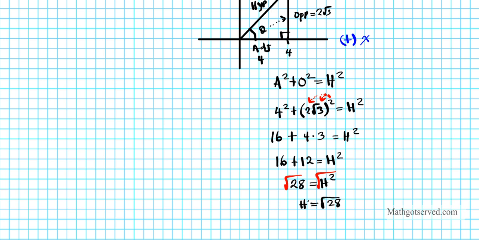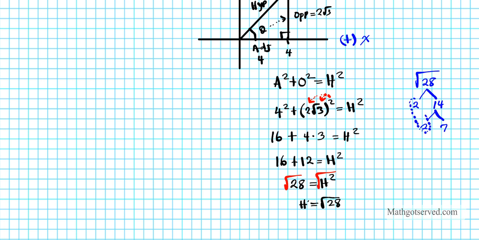Now can root 28 be simplified? Let's see. Let's pull it to the side and break it down. See any factors that repeat, then we can take the square root of that number. Alright, so we'll take out 2 since it's even. 2 times 14. You can take out another 2 since it's even. 2 times 7. And since these two 2's repeat, that's 4.